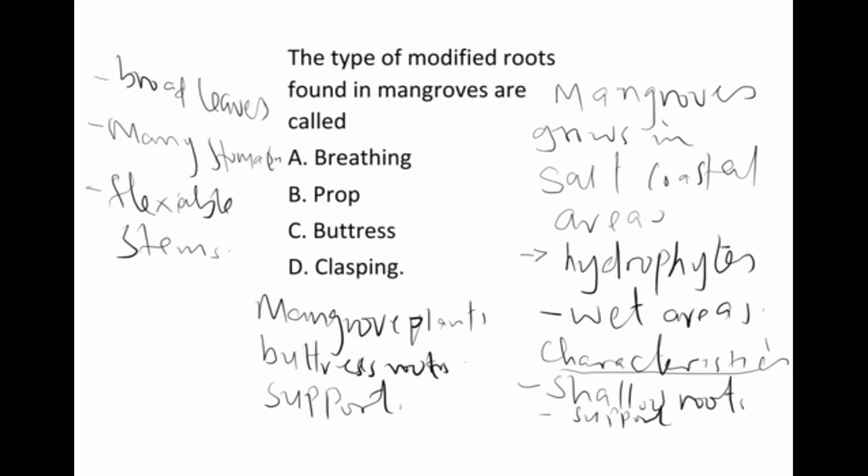So those are some of the other characteristics of these plants that grow in wet areas. These are the hydrophytes. So the mangrove plants usually have the buttress roots. These buttress roots are there to provide extra support so that the plant is not carried away by the water current.